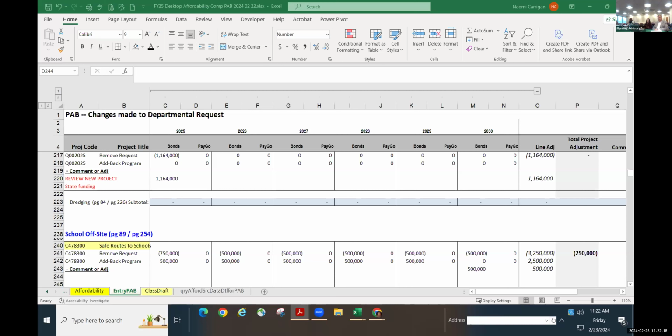Take the 750 in 25 and take 26 through 30 to 450. That gives them what they need in 25, which is what they're asking for, really. You want to do that? That's fine.